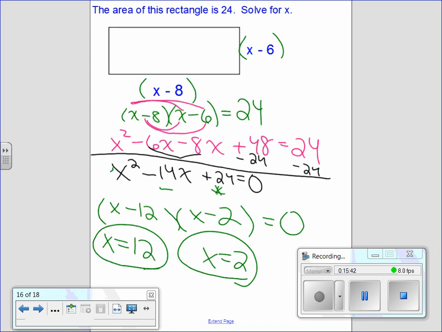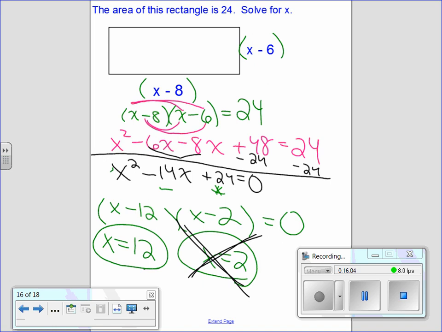But what if I would put a 2 in for x here? I just realized my rectangle is not drawn to scale. I'm sorry. If you put a 2 in right here, would that make sense? 2 minus 8? You can never have a box with a negative dimension, so you just kind of trash can that answer. It's not that we messed up anything with our mathematics, it's just that that answer doesn't make sense in this real life scenario.